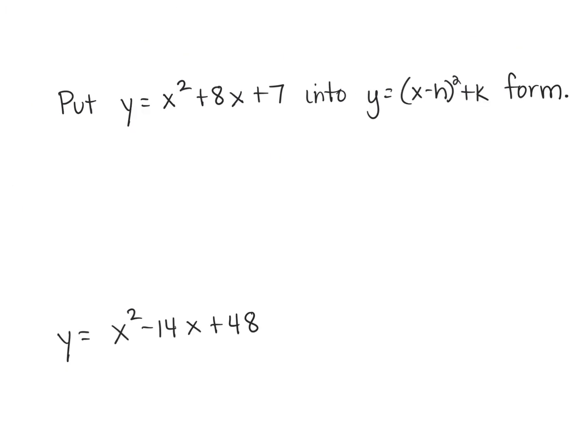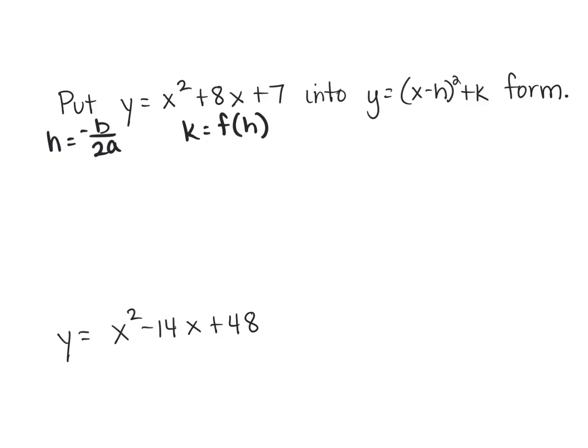When a question asks you to put a standard form quadratic equation into the vertex form, you have two different ways to do it. I'm going to do this first one using the vertex formula that we used a minute ago. So I have h is equal to -b over 2a. And then I know that k is equal to f of h.